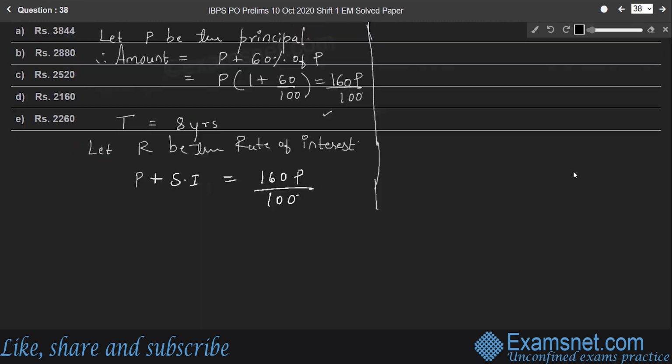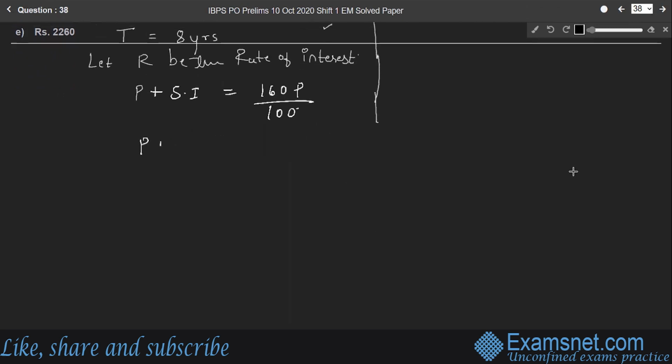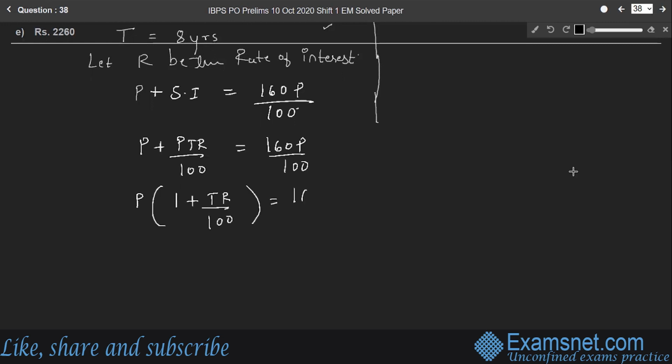What is the formula for simple interest? P plus PTR by 100 is 160 P by 100. So we'll take P as common. So P into 1 plus TR by 100 is 160 P by 100.